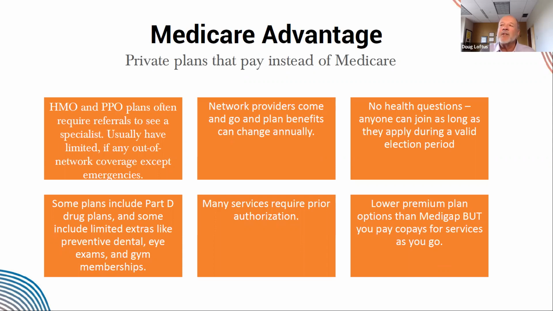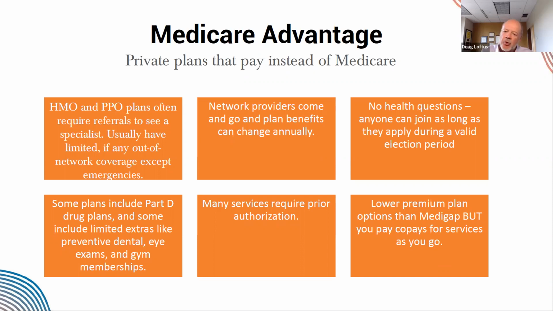Whereas in traditional Medicare you can go essentially anywhere that takes Medicare, under Medicare Advantage plans there is a network provider list, and to get full benefits, you have to go to the network providers. In some cases, like an HMO, there are no or very little out-of-network options.